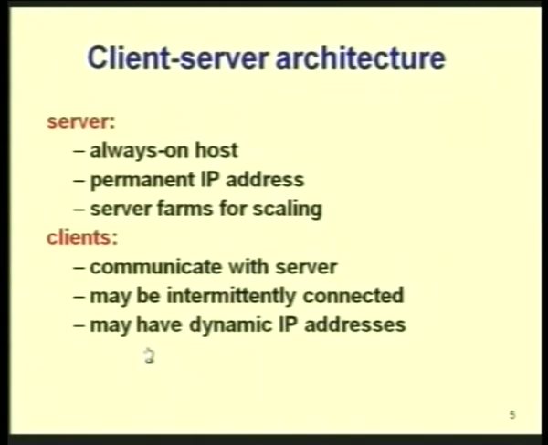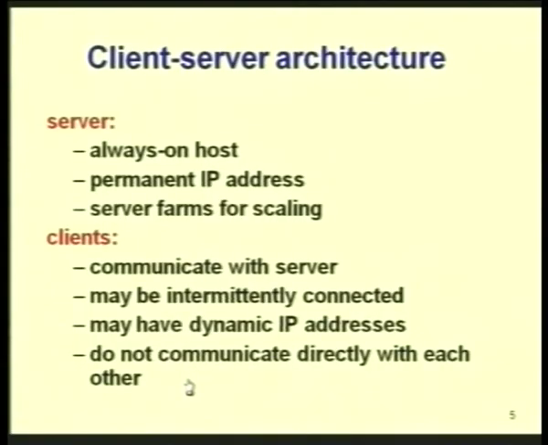So, the client, when it requires a connection, may get an IP address assigned to it dynamically. Using that address, it contacts the server, and once it has finished its job of getting a service from the server, it may also release the IP address that it has. And clients typically in a client server architecture do not communicate directly with each other. That is, a client does not directly talk to another client, it only talks to the server. This is a typical model that we have in a client server architecture.